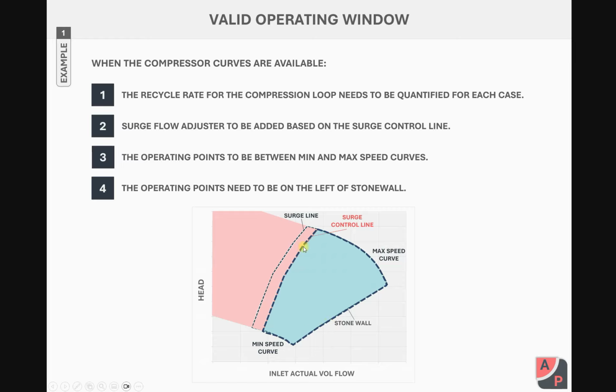So stonewall, surge line, surge control line, and min and max speed of the compressor define the valid operating window of a centrifugal compressor. If you had a fixed speed centrifugal compressor, we had only one curve, a stonewall point and surge point, or surge control point and surge point.